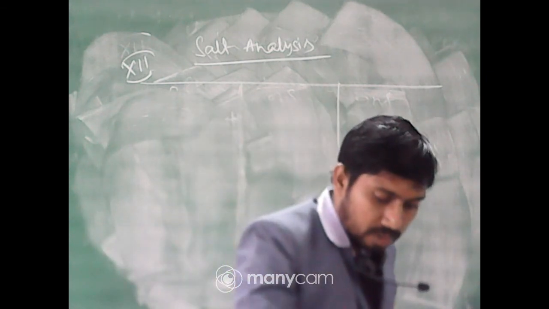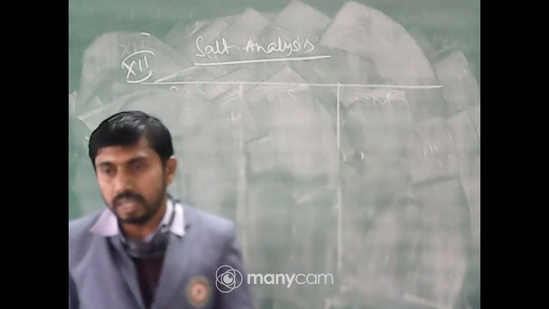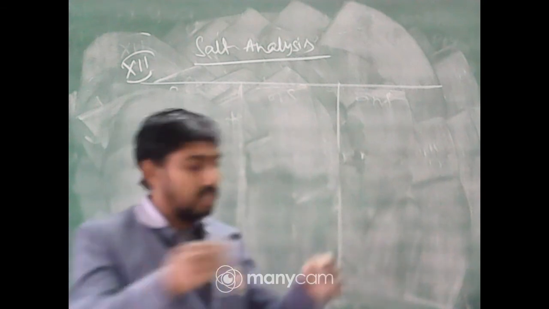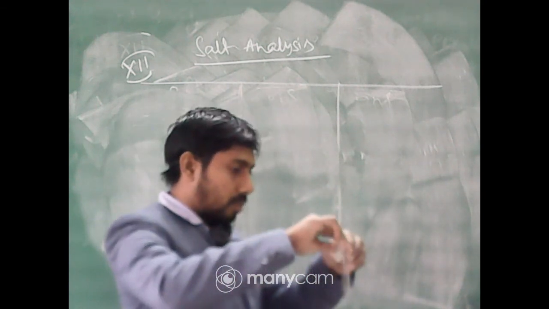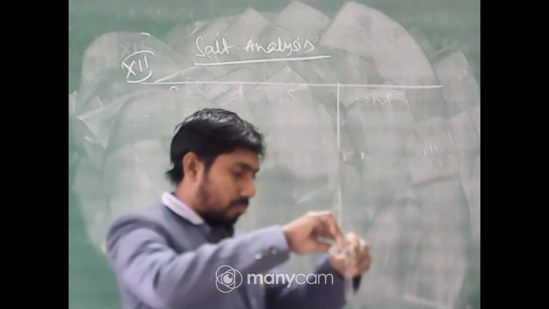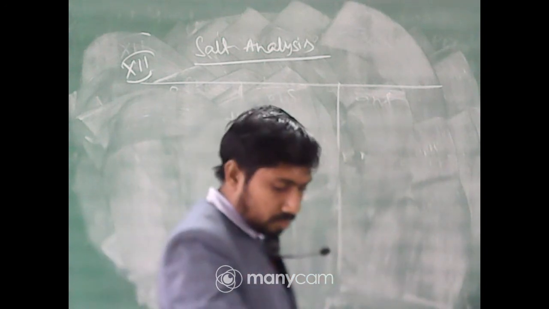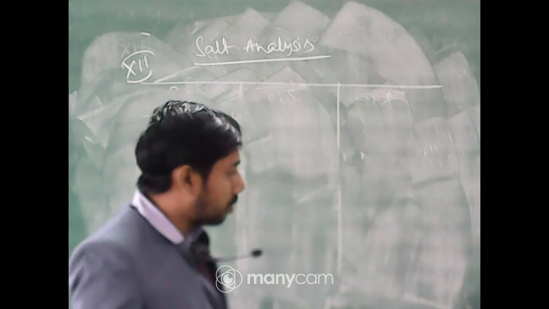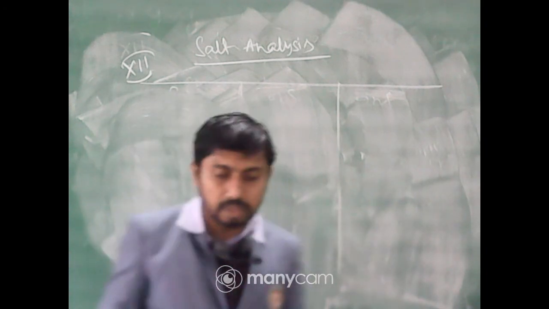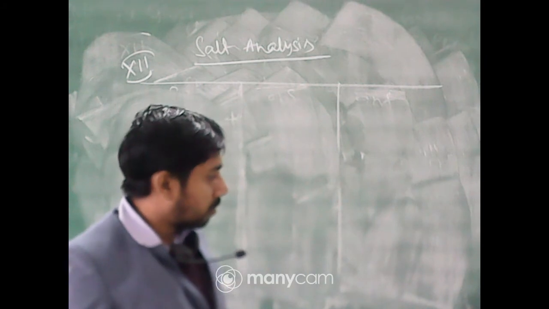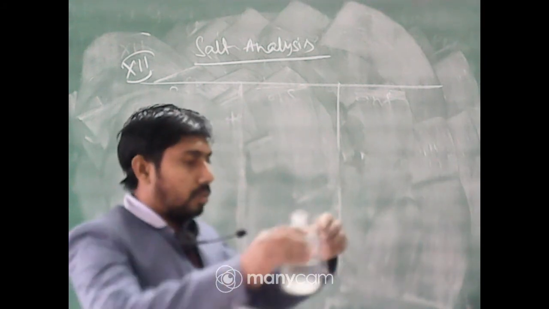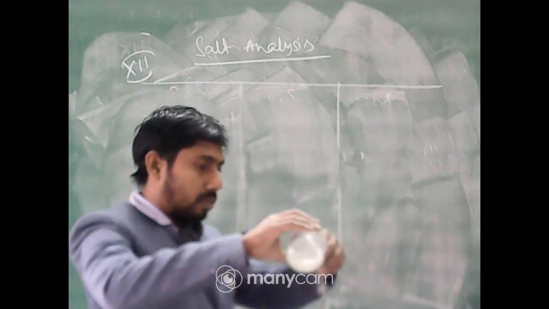Next, first do the test for the anion. As I told you, it is a sulfate, so just test for sulfate first. What is the reagent for sulfate? Barium chloride.